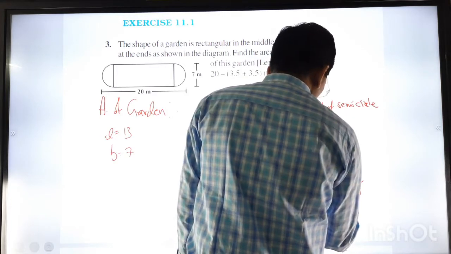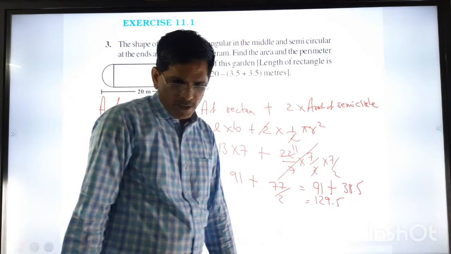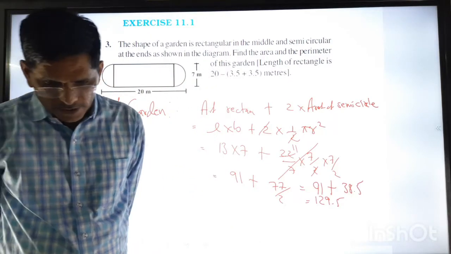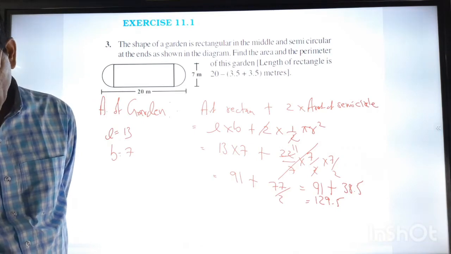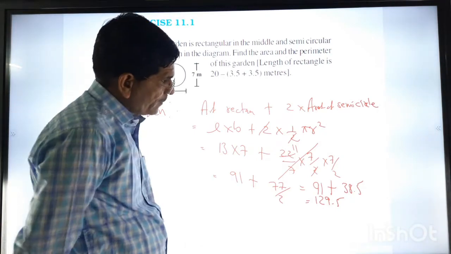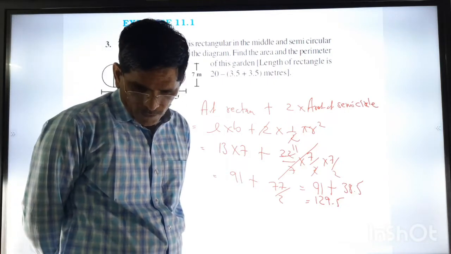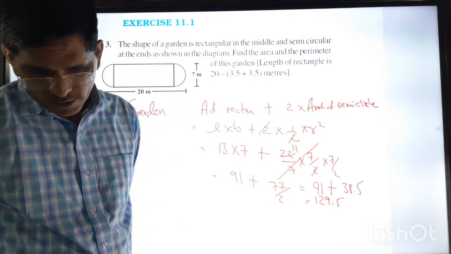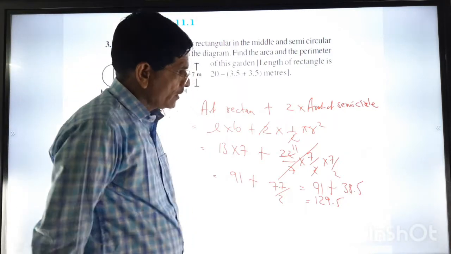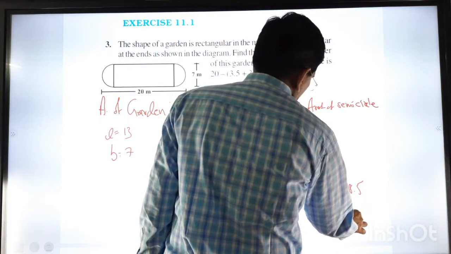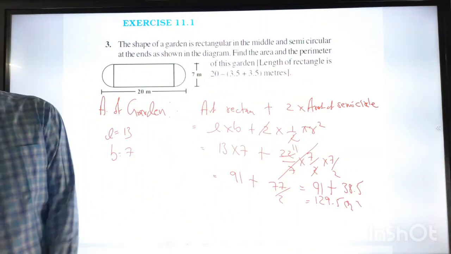It means 129.5. So 129.5 is the answer. 38.5 and 91 is the total. The unit here is meter square. I hope you understand it. Now write it.